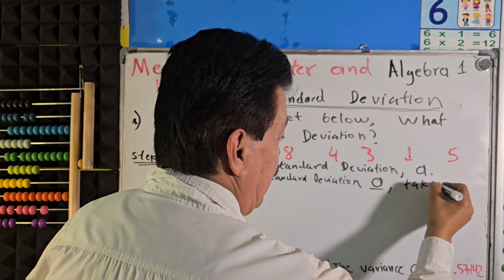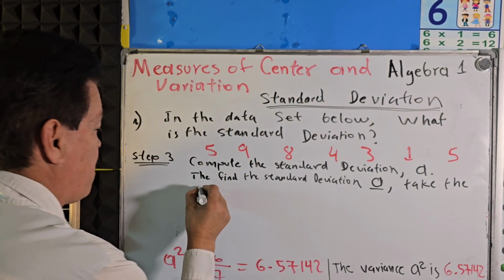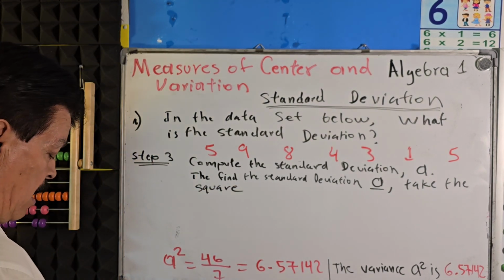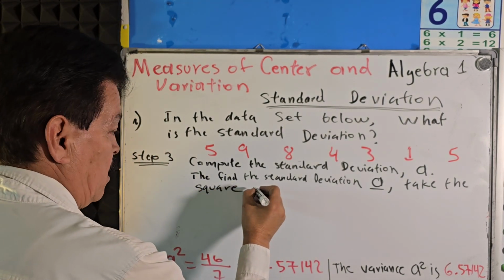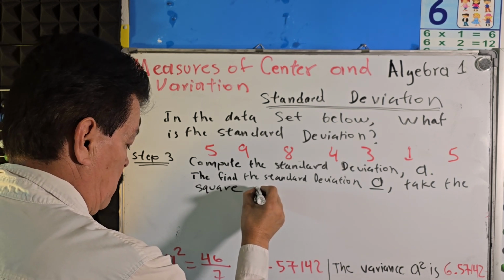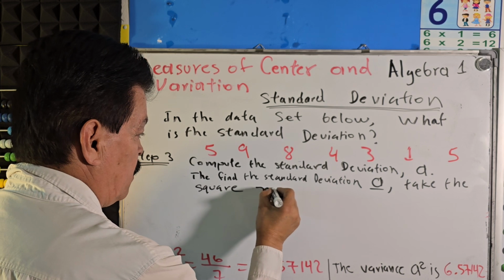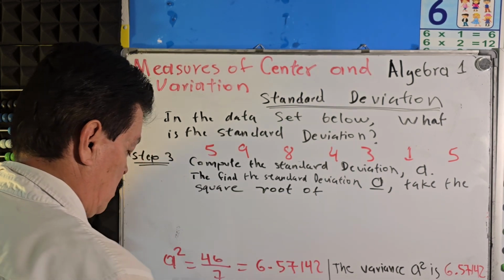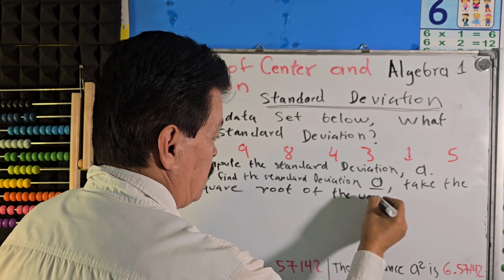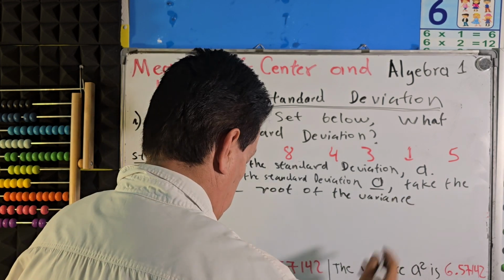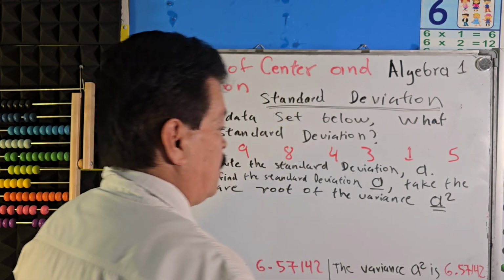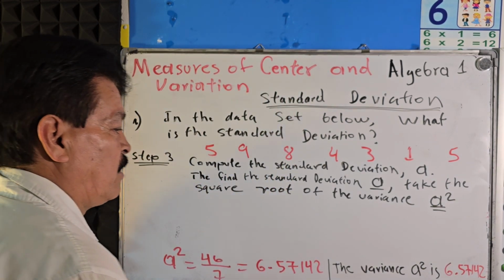Look at this. We have to take the square root of the variance.